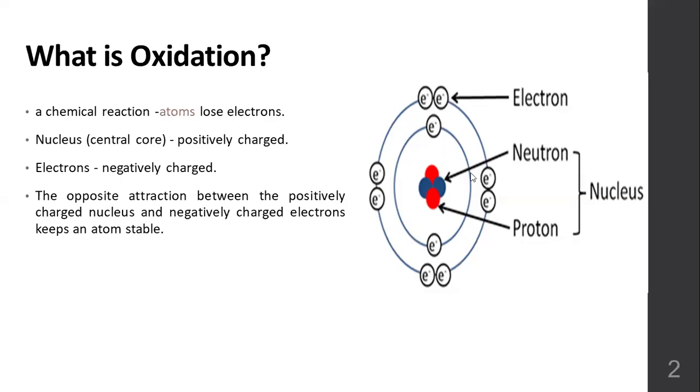Otherwise, if the positively charged nucleus was not there, there would have been nothing to keep the electrons in their shell. But what happens that electrons get lost? It's usually a reaction. Atoms, when they react or come in contact with certain other substances, lose the electrons.